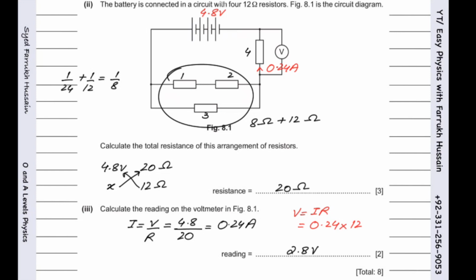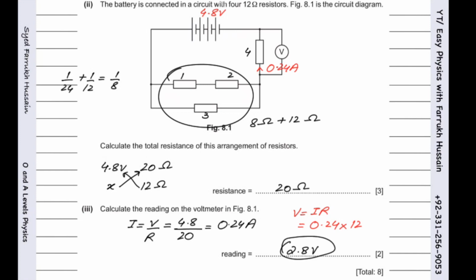You cannot get an answer greater than 4.8 because 4.8 is for the complete circuit, so your answer should be less than 4.8. Just do 12 times 4.8, which is 57.6, divided by 20. 2.88. So this is your answer, 2.8 volts.